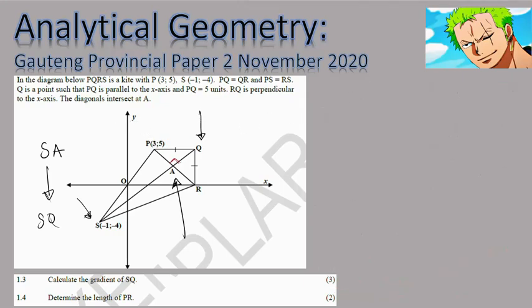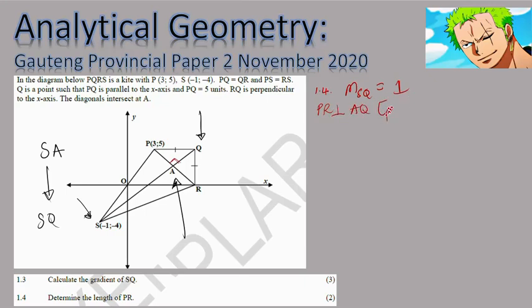Now what I'm saying is that we already found the gradient of SQ, right? This is 1.4. We said the gradient of SQ is equal to 1. That's what we found, right? And then through properties of a kite, we know that diagonals meet at 90-degree angles. So I'm saying PR is perpendicular to AQ.